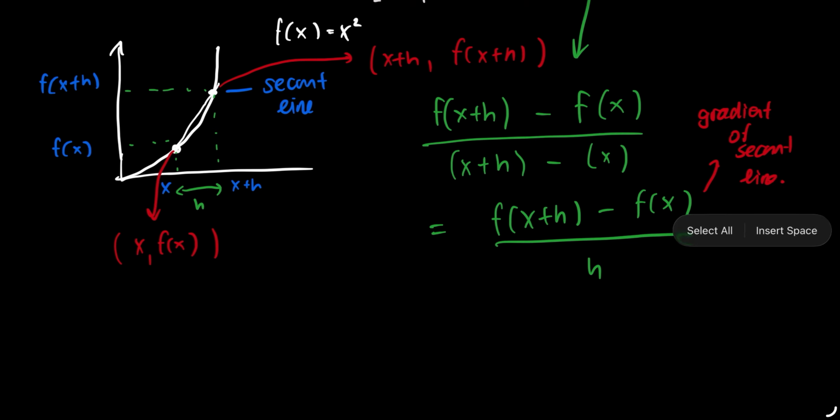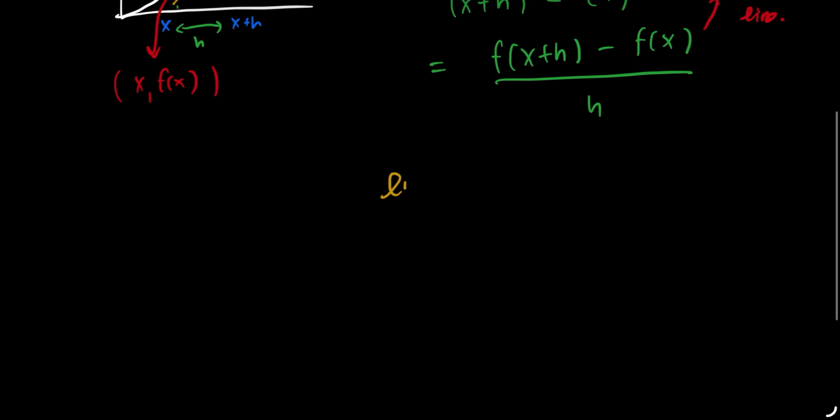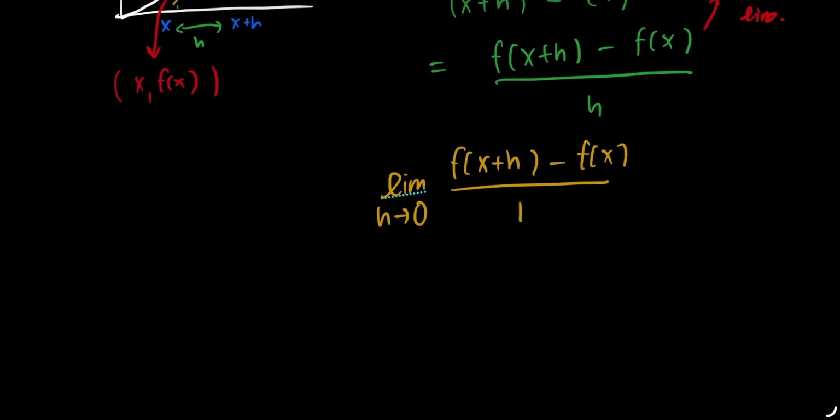But this does not find the gradient of a tangent line at one point. So how do we find it? What we do is let this h approach 0. So these two points become infinitely close to each other, such that this secant line becomes a tangent line at this point. So then we use limits. We take the limit as h approaches 0 of (f(x plus h) minus f(x)) over h.